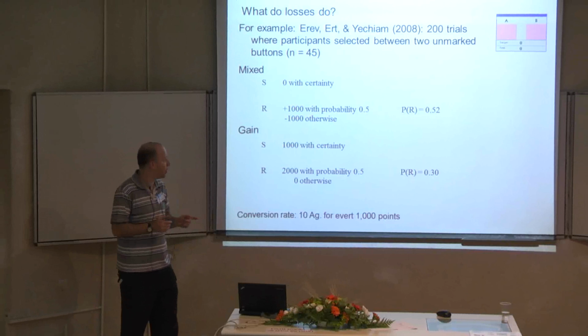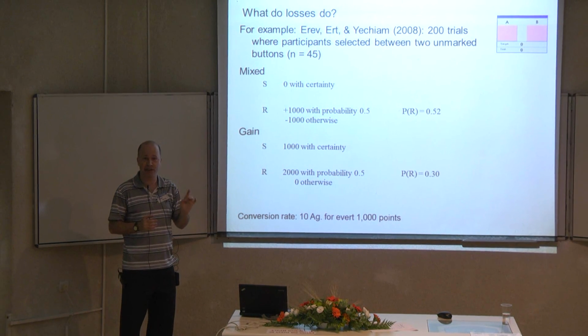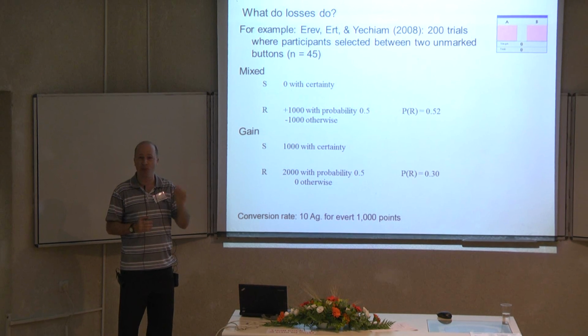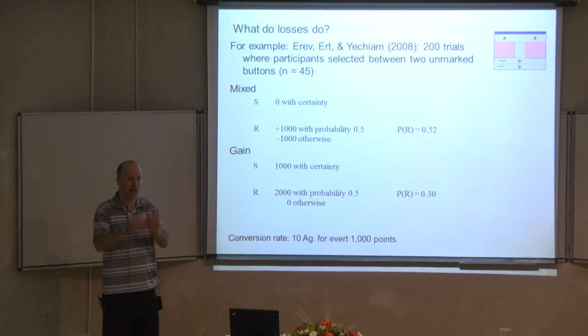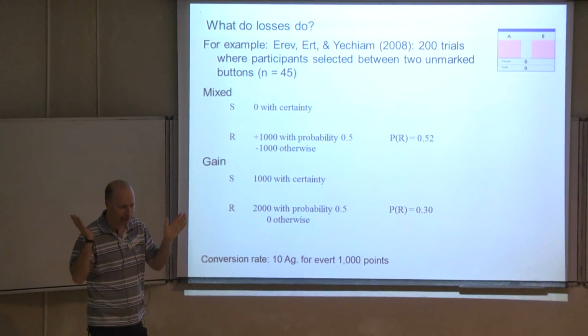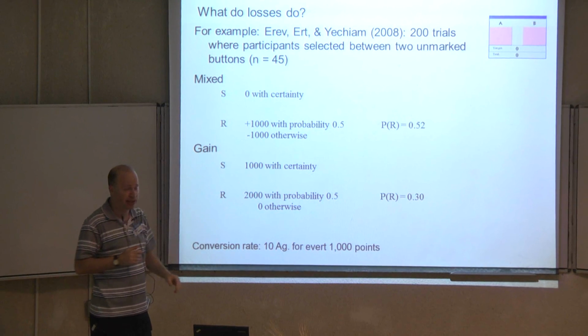Now in the gain condition, interestingly, they liked the risky alternative even less. That is, paradoxically, they liked the risky alternative more when it included losses than when it didn't include losses, which is completely opposite to the idea of loss aversion. So what's happening here? Now, there's a trivial explanation for the difference between tasks.